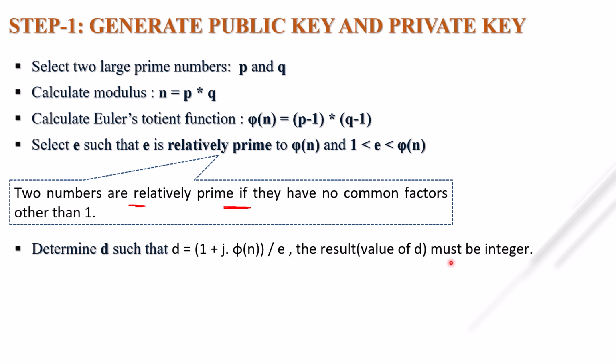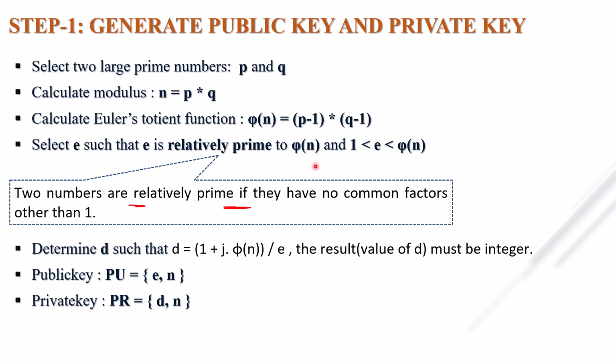Okay, so after determining E and D, N is already there. So our public key is the pair of E and N, as I said earlier, and our private key is D and N. Okay, D we will get from here, E we will get from here, that is relatively prime to the totient function of N, and this N will be calculated from here.